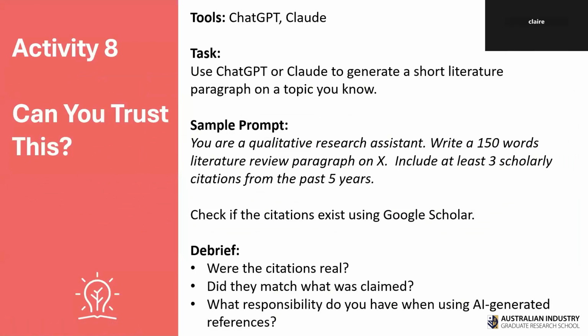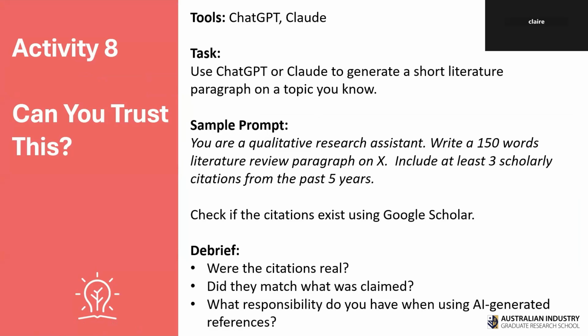So again, unfortunately, we don't have time to do this, but this is just really looking at the question of, can you trust a particular source? Okay. So what you could do is ask ChatGPT or Claude to generate a short literature paragraph on a topic that you know.